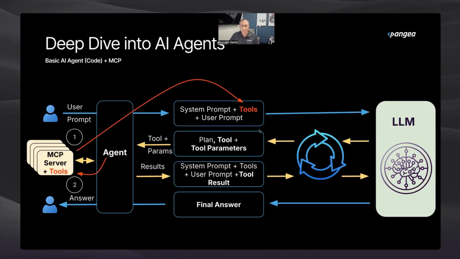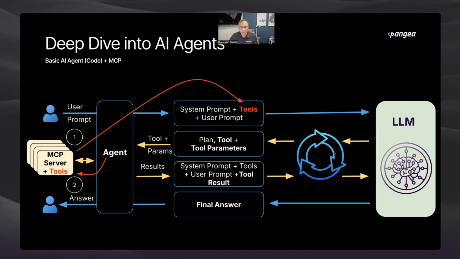So what really changes in the basic AI agent architecture that we have looked at? Here you can see that all that has happened is that instead of having the tools hard-coded within the agent, their implementation has moved out of the agent into the MCP server. So now when the user prompt comes in, the agent can connect to one or more MCP servers, retrieve their tools, and then expose those tools as capabilities to the LLM along with the user question.